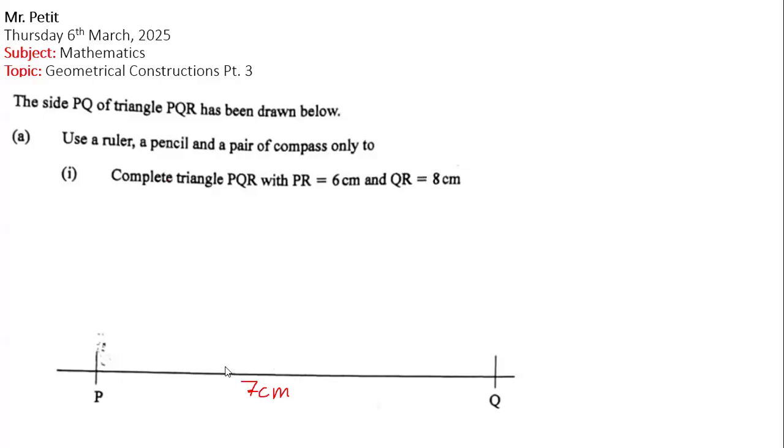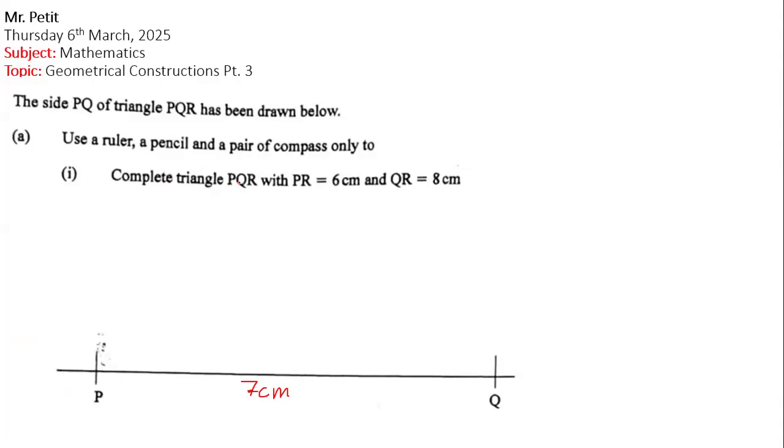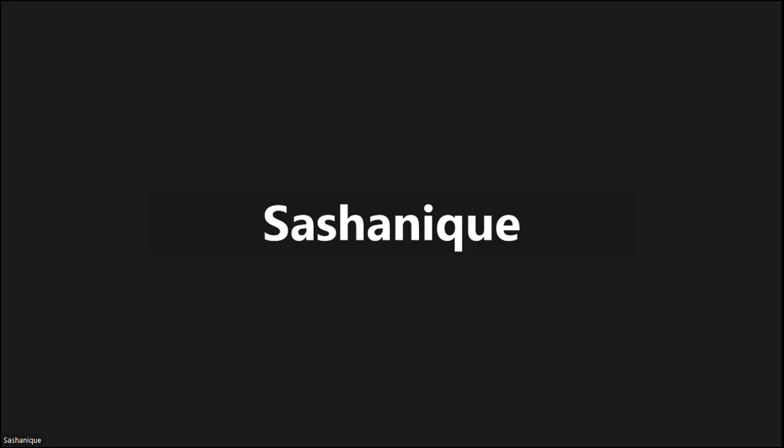Plus, this is a triangle, not an angle. So they told us that this is PQ, and we're going to label it 7 centimeters.